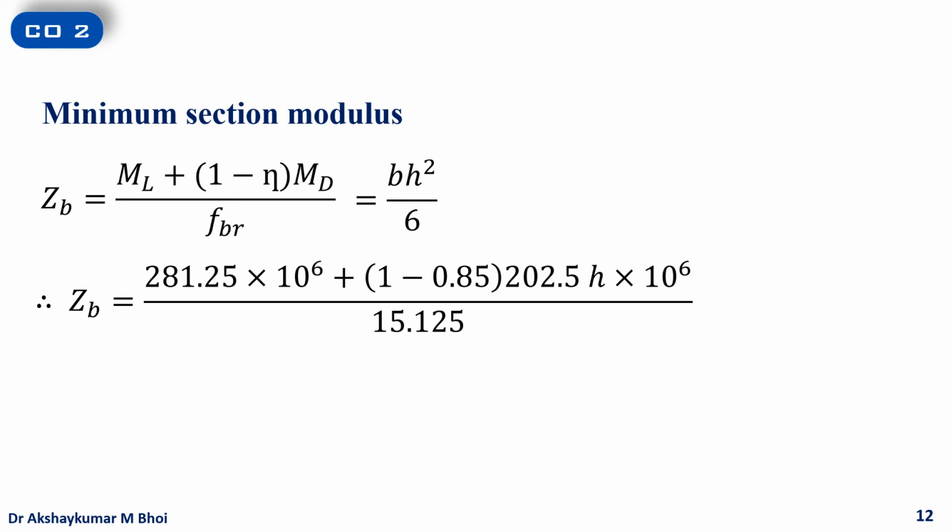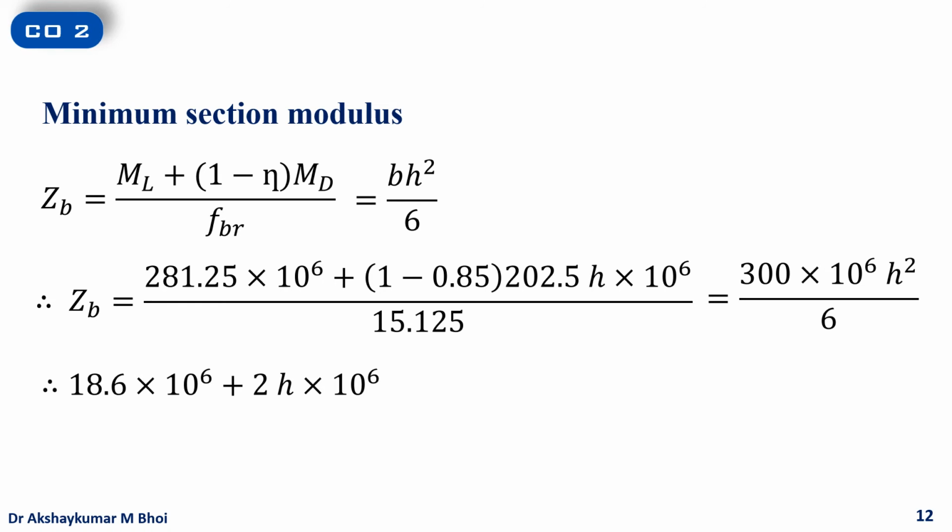So ZB, if you put the values in the formula, is 281.25 into 10 raised to 6 plus 1 minus 0.85 into 202.5 H into 10 raised to 6 upon 15.125, which is also equal to 300 into H square by 6 into 10 raised to 6. So we get 18.6 into 10 raised to 6 plus 2H into 10 raised to 6 equal to 50 into 10 raised to 6 H square.